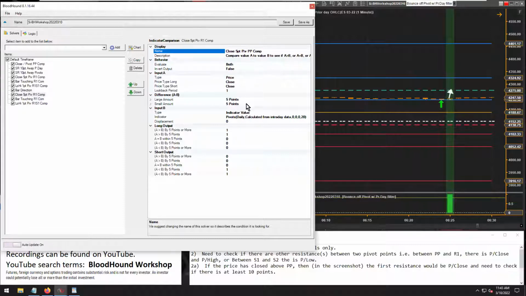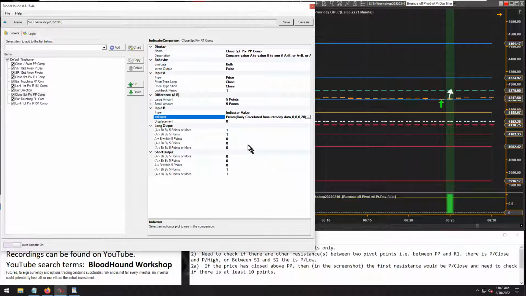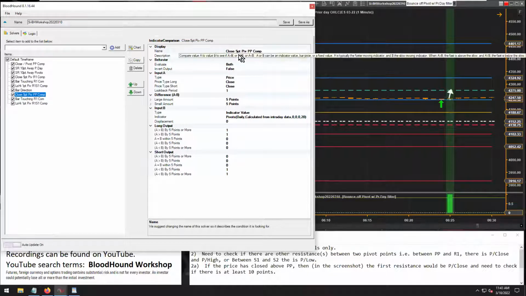All right. So we're going to go into the indicator and select the PP line or the PP plot there. All right. So there we go. So that's verifying that the close of the bar is 5 points away from the PP line. Now remember, that's our separation.